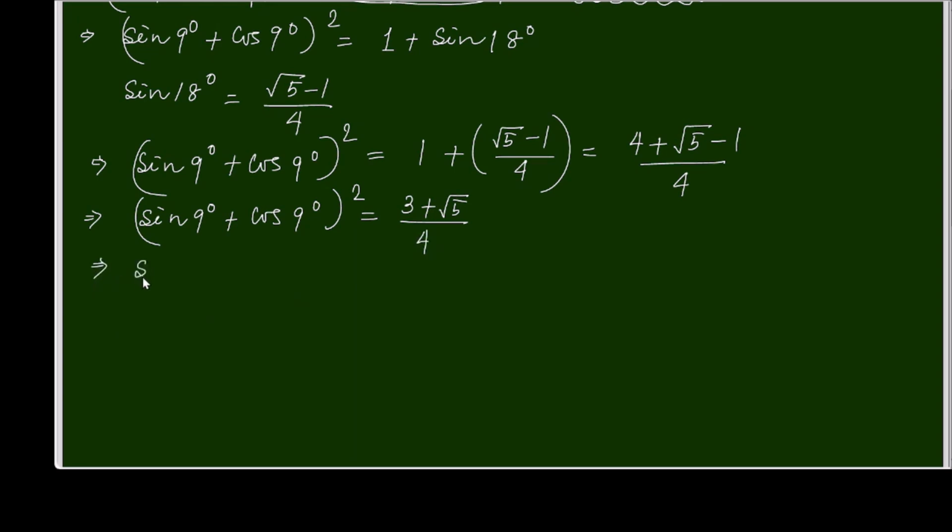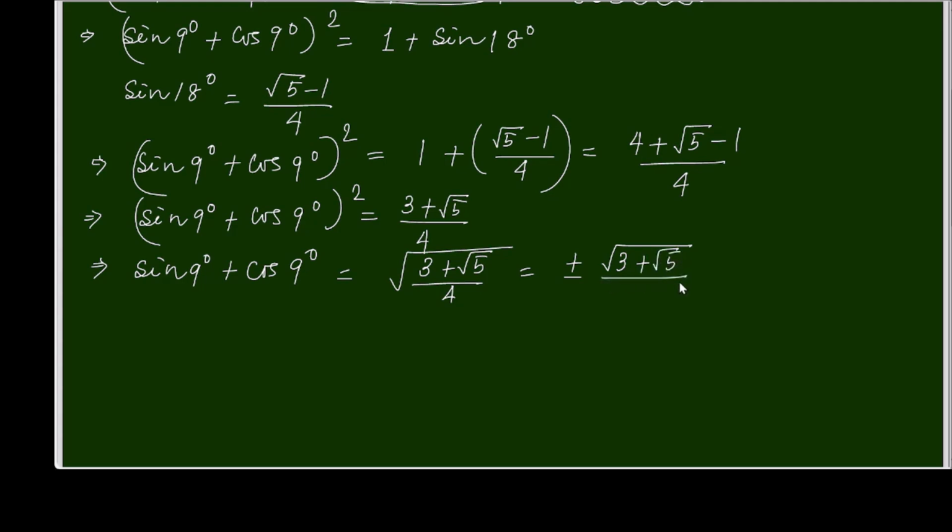Now from this I am taking the square root on both sides. So sine 9 degree plus cos 9 degree equals under root of (3 plus under root 5) over 4. So this will be plus minus square root of (3 plus square root 5) over 2.